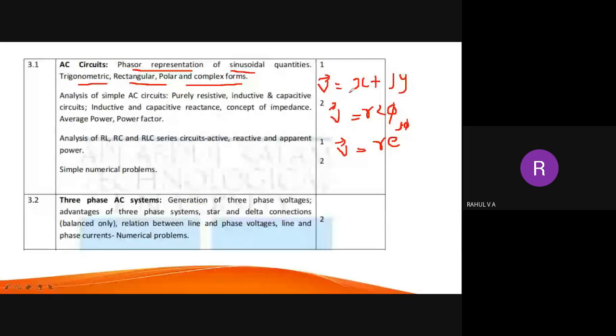The formula to convert from polar form to rectangular form is x is equal to r cos phi, y is equal to r sin phi. While converting rectangular to polar, r is equal to the square root of x square plus y square, and phi is equal to tan inverse of y by x. We have done some numericals also.